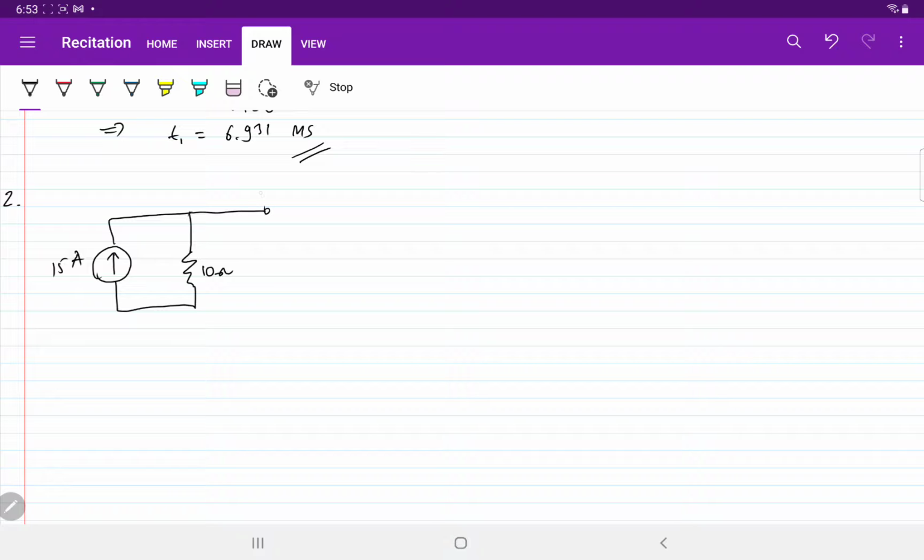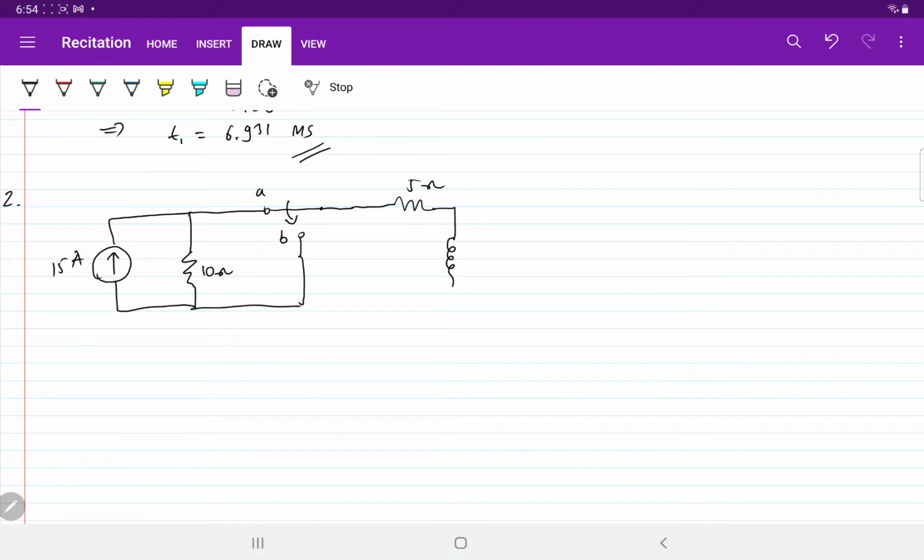We have point A, point B, and we have a switch, but the switch is connected to A. Five ohm.